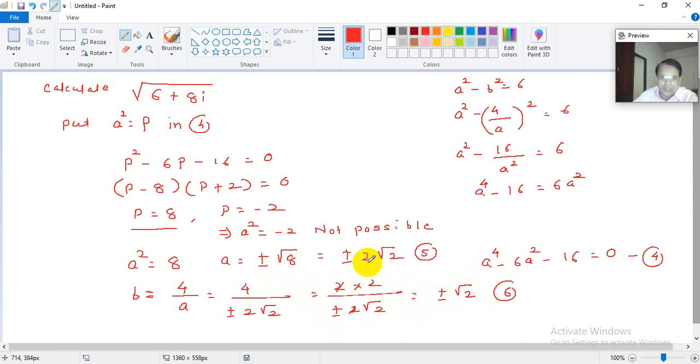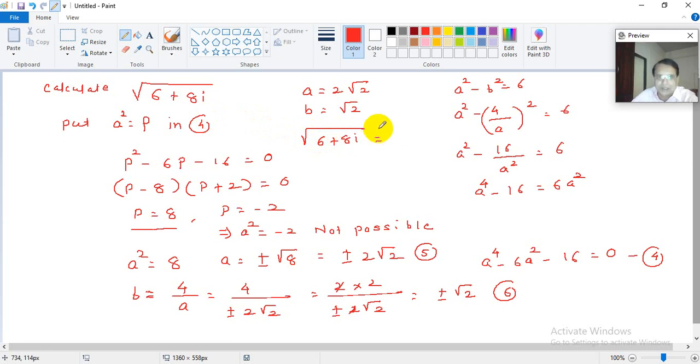So from 5 and 6, what do you get? 5 tells you that a is plus or minus 2 root 2, b is root 2, plus or minus. So finally you got a is equal to plus or minus 2 root 2 and b is equal to just root 2, right? So now you started with root of 6 plus 8i is a plus bi. So now root of 6 plus 8i is what?